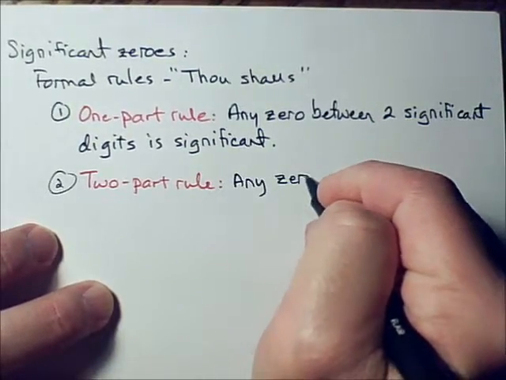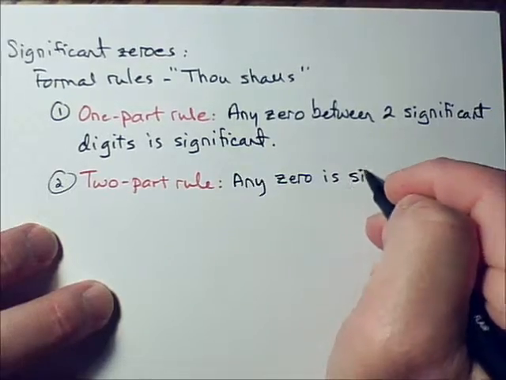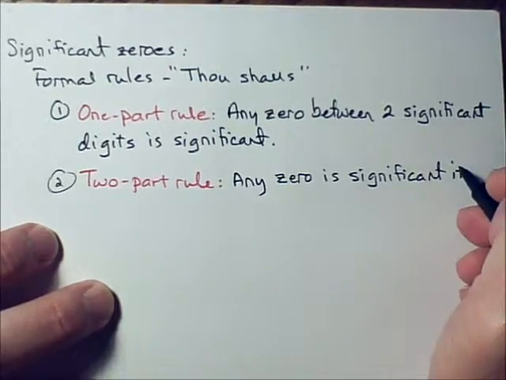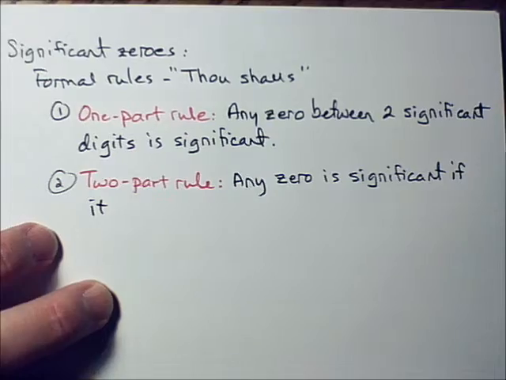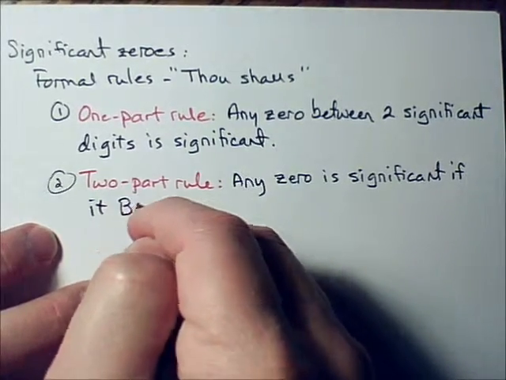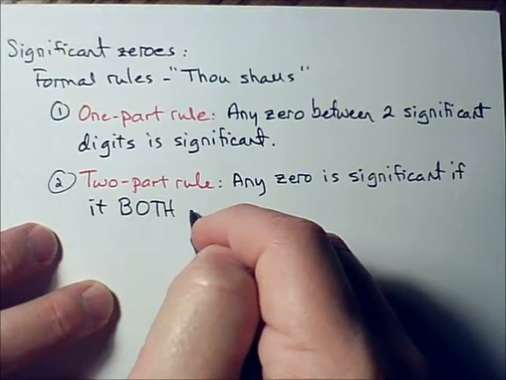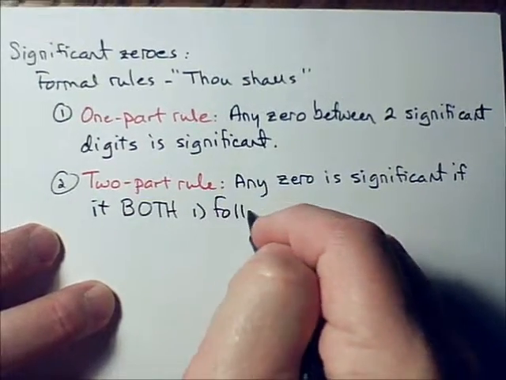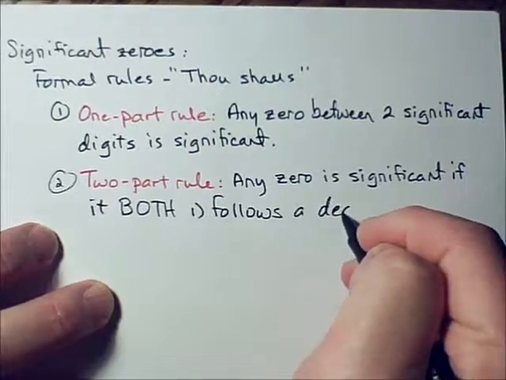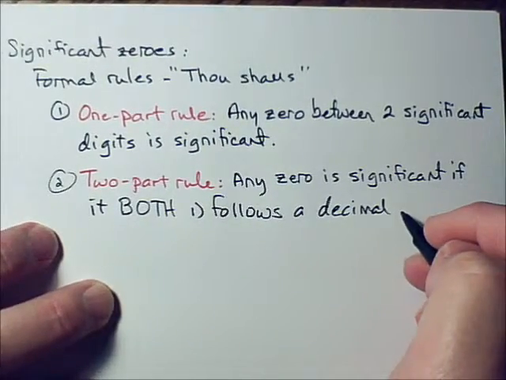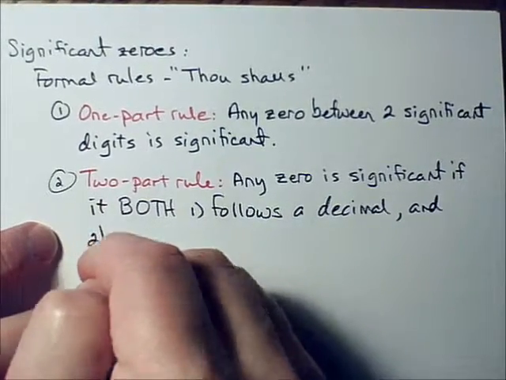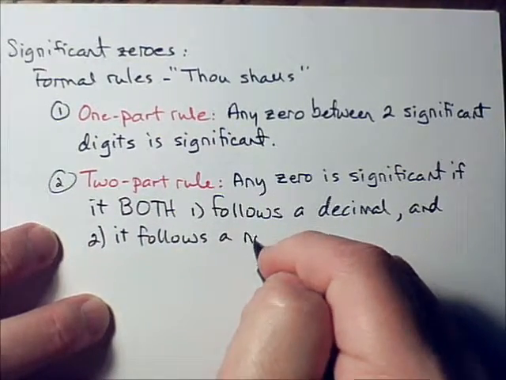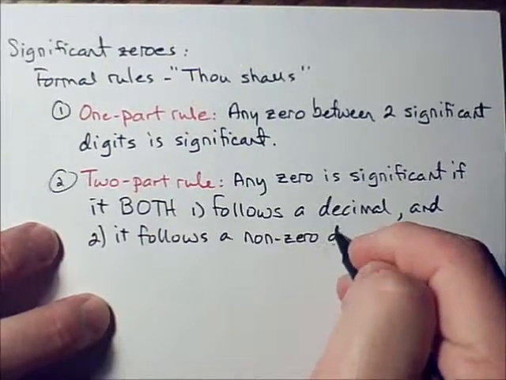Any zero is significant if it both follows a decimal place, and second, it follows a non-zero digit.